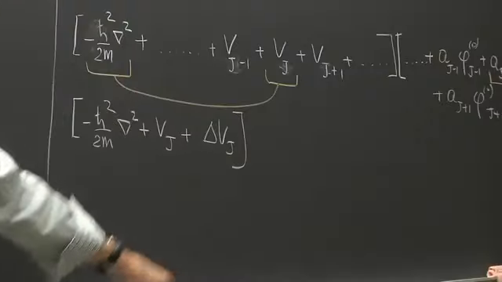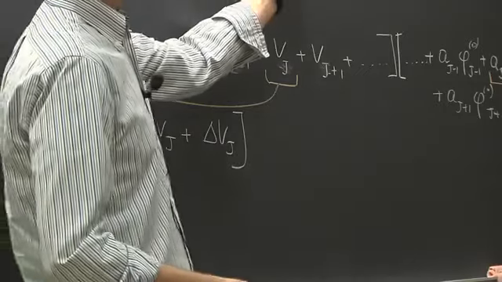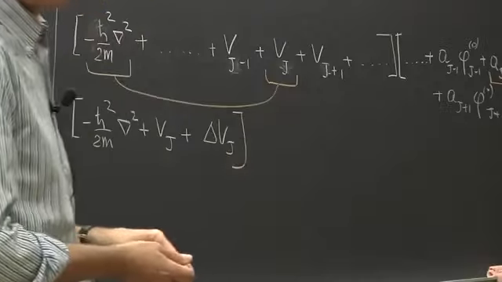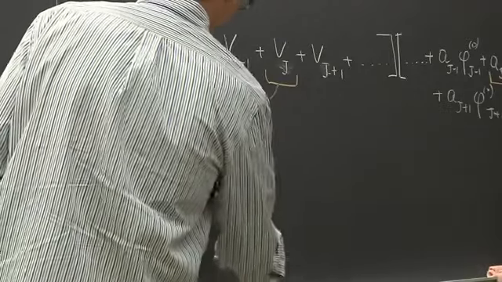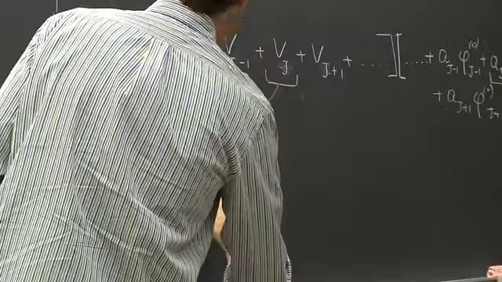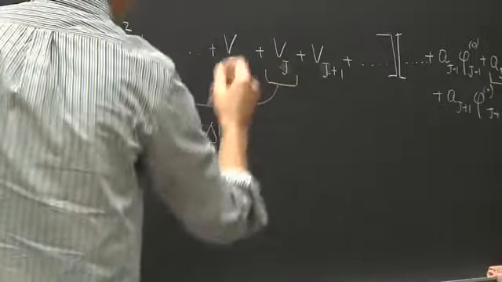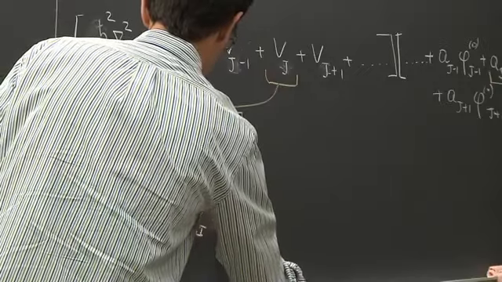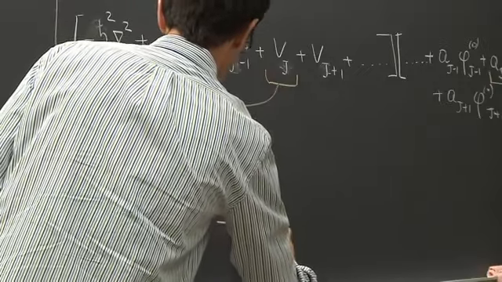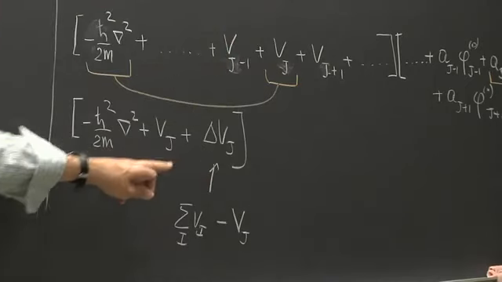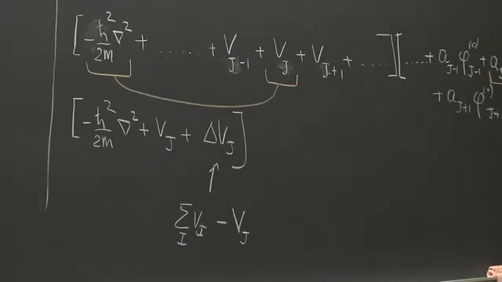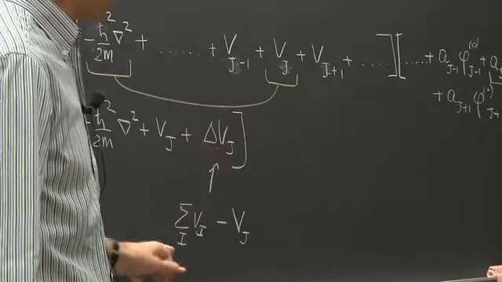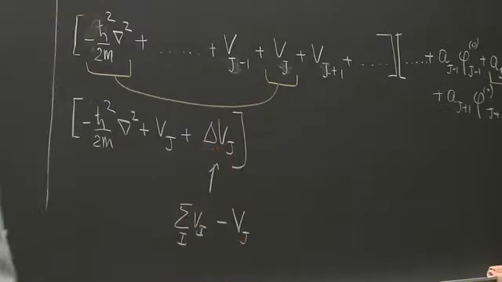What do I mean by delta Vj? I mean the full potential minus Vj, right? So by definition, this is the full potential, the sum over i of Vi, minus the specific term Vj that I extracted out. And I call it delta Vj. Just give it a name, define it. The full potential, the total potential, minus that particular term.